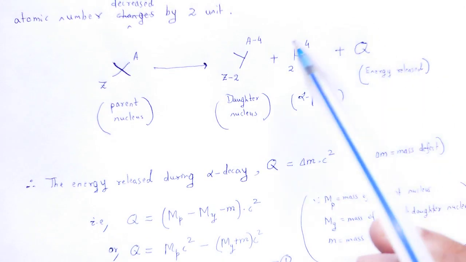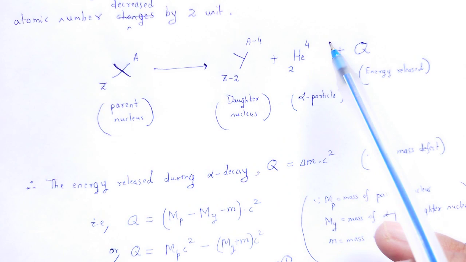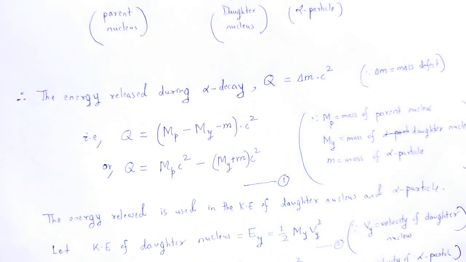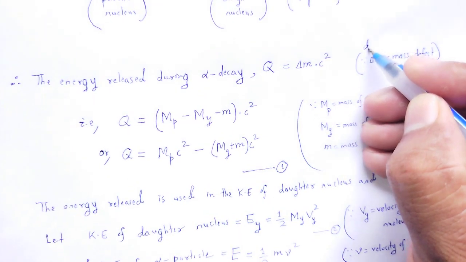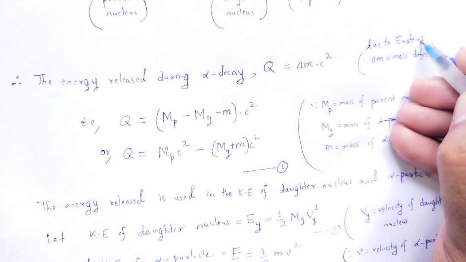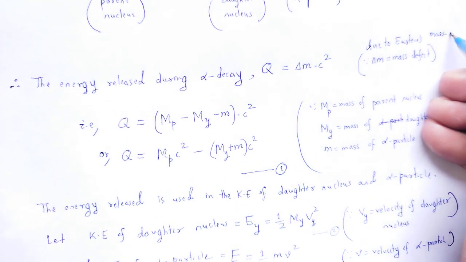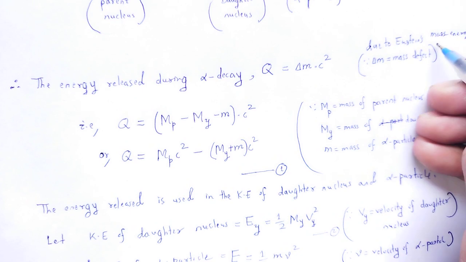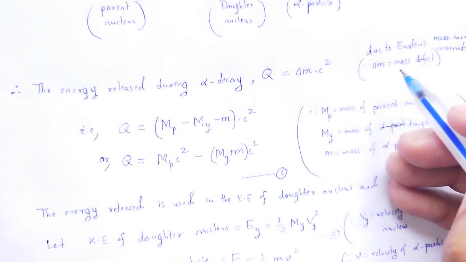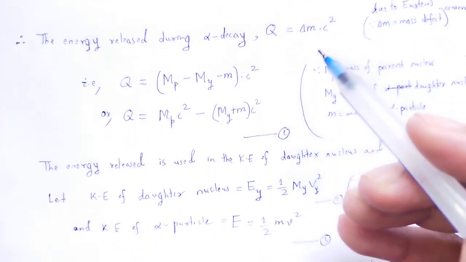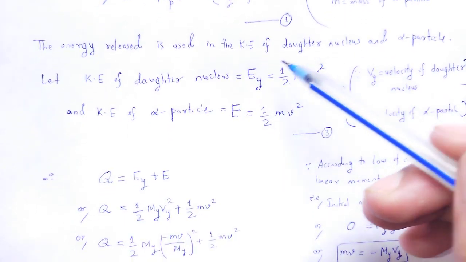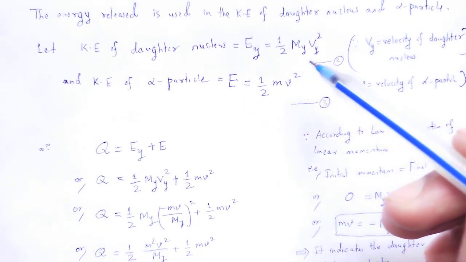That energy is released in the form of kinetic energy of the daughter nucleus and alpha particle, according to Einstein's mass energy conservation, delta m c square.